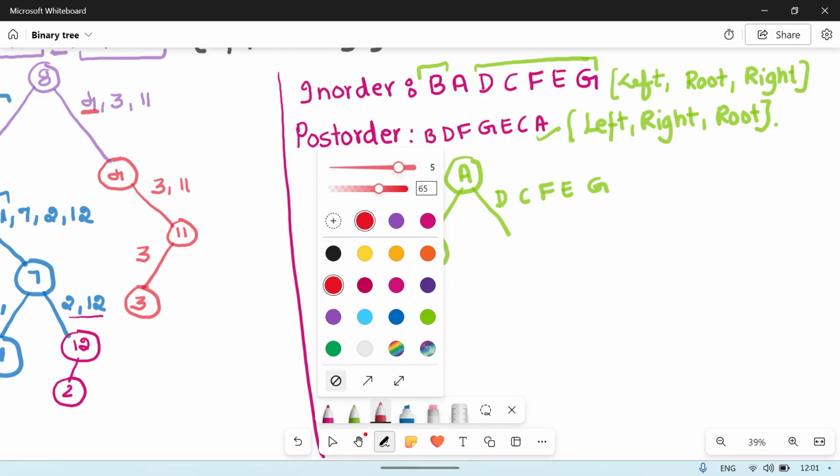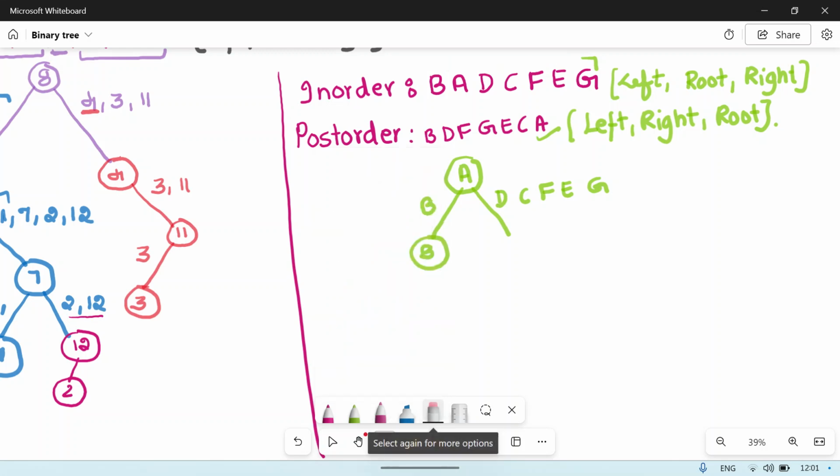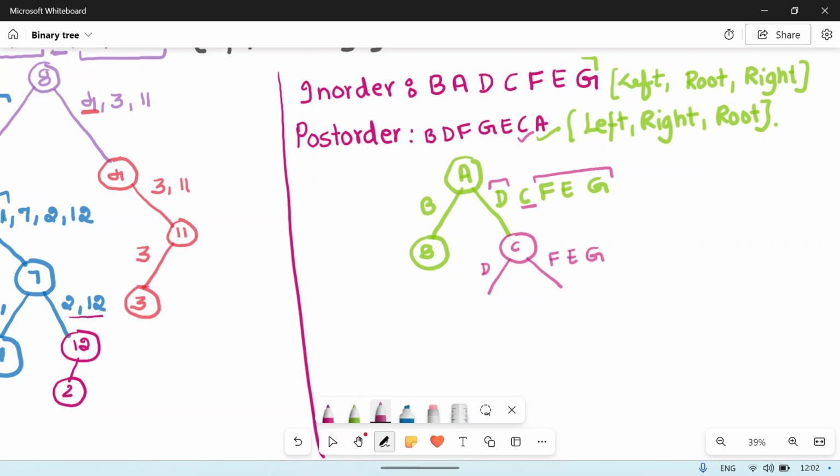But to the right child, again, you will have to do some calculation. First let me erase all this unnecessary things, okay? So next thing that I have is C. So C I have here. So this becomes a right child. This becomes a left child. So C is here. To the left, I have D, and to the right of this, I have F, E, and G. Okay, so D will come here and F, E, G. Sorry, E is the next one.